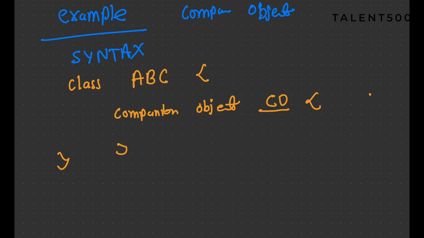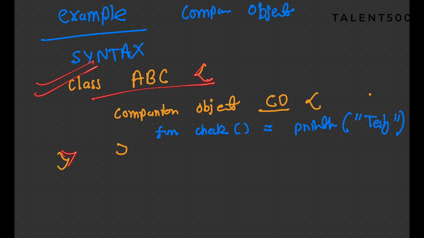Let's say I am creating a function with the name check, and I want this to print something like testing. Perfect. So I created a class, and inside this class I have one companion object.